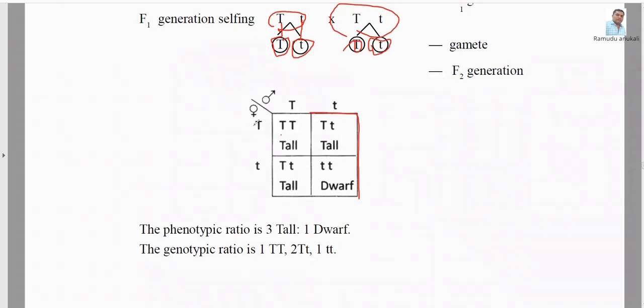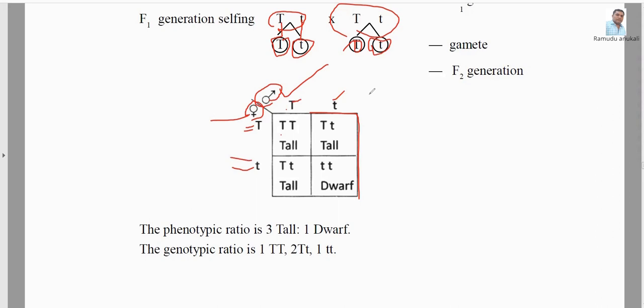Here let us take the female gametes, capital T and small t. Here we take the male gametes. This symbol indicates the male gametes, and this symbol is the female gametes.